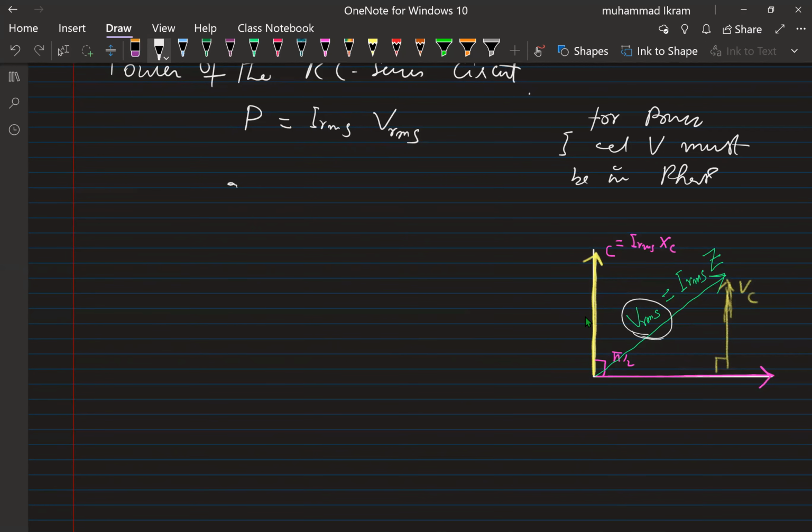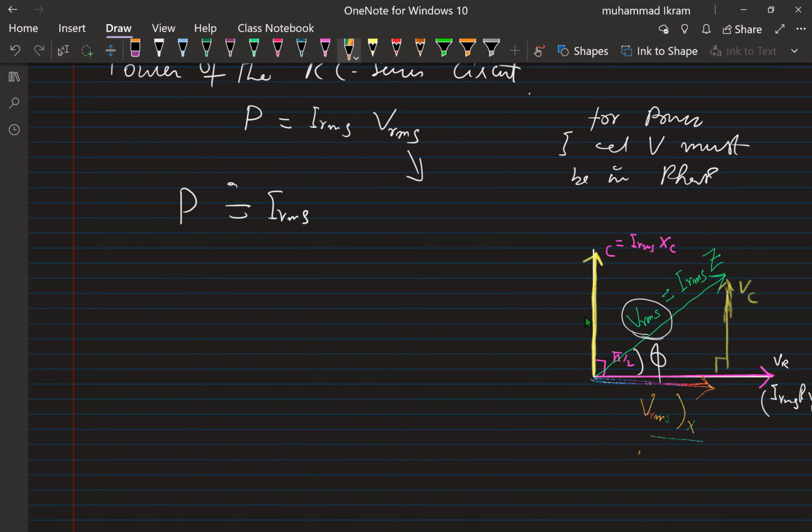So if I take this angle as phi, then the power I'll be taking, this is the Irms. The component of the Vrms which is along the Irms, as I told, this is Irms because it is VR, so Irms into R. So I will take the component of this V which is along I, and this is the Vrms x component, right?